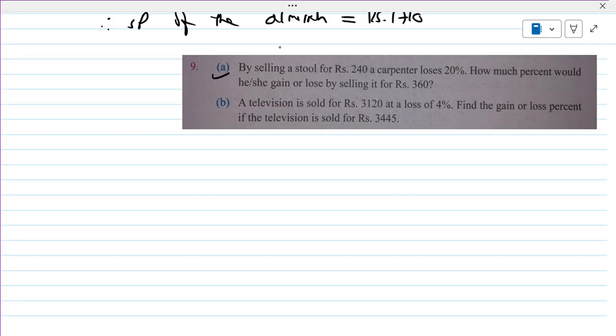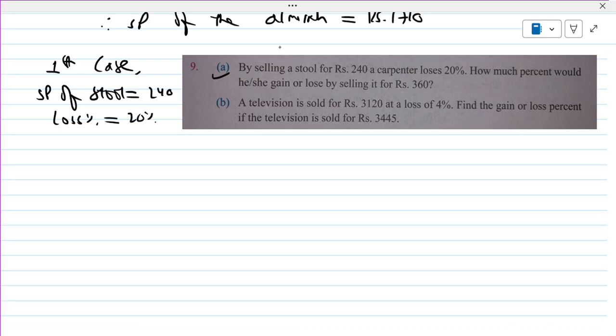Let's go for that. In the first case, the selling price of the stool is given, SP of the stool is 240 rupees, and there is a loss of 20%.